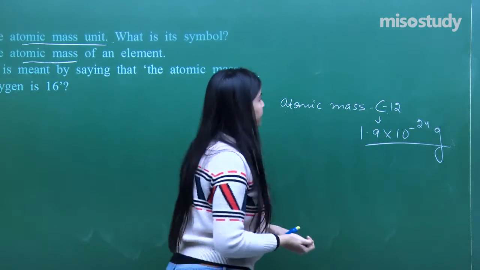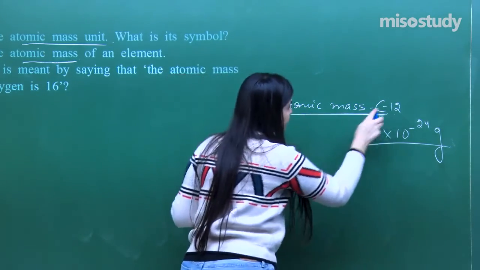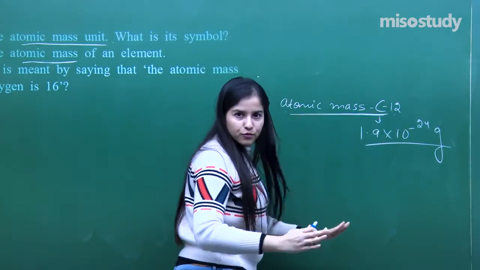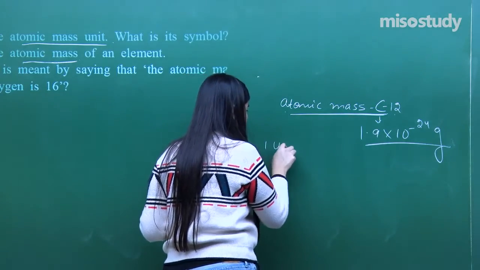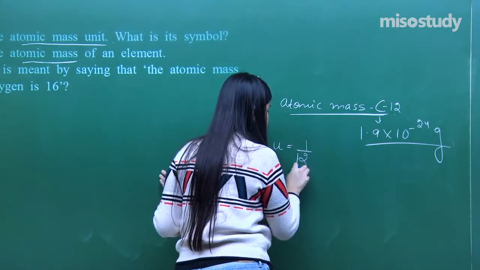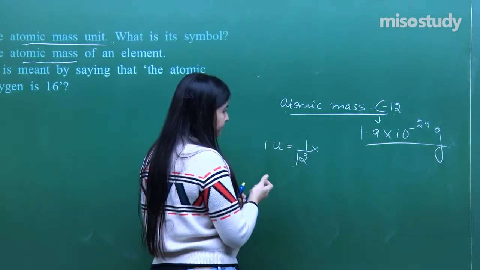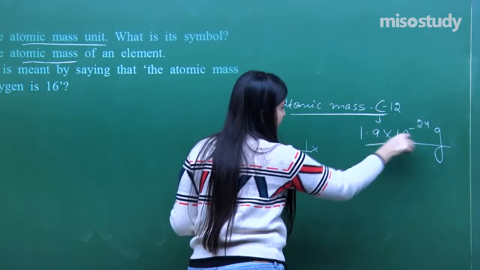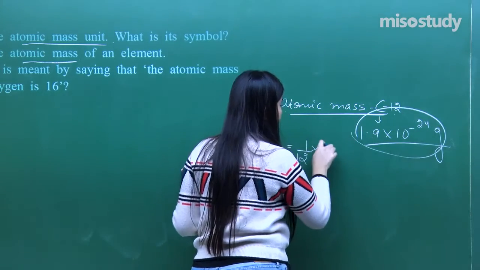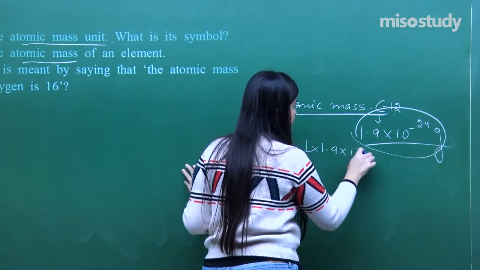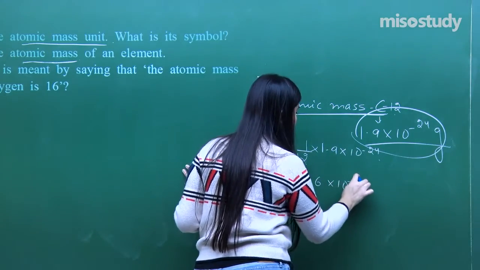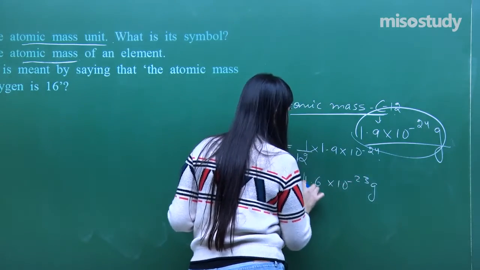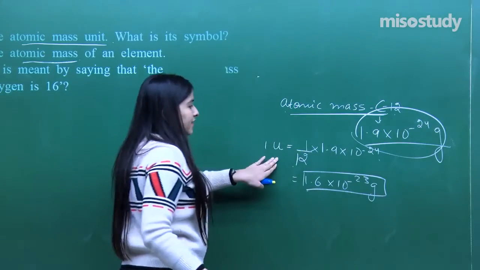So what we do over here is, we assign this as a relative. So we just assign 1 unit is equal to 1 by 12th of this entire mass of the carbon, which is coming out to be 1.6 into 10 to the power minus 23 grams. So we call this 1 unit.